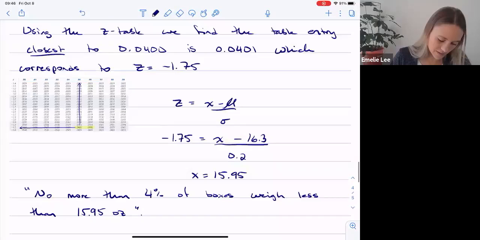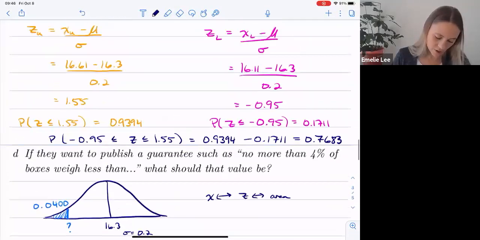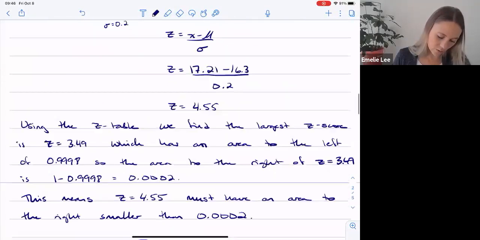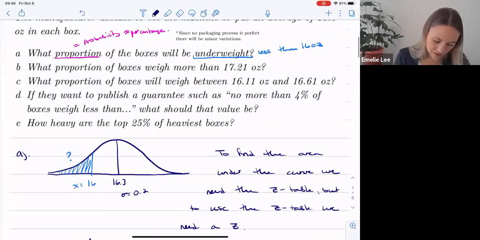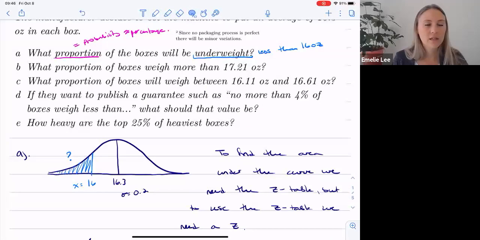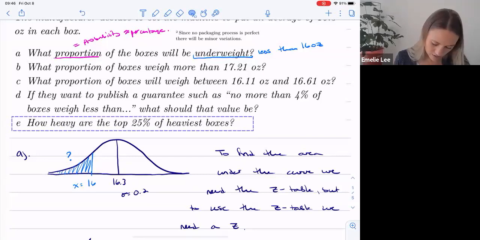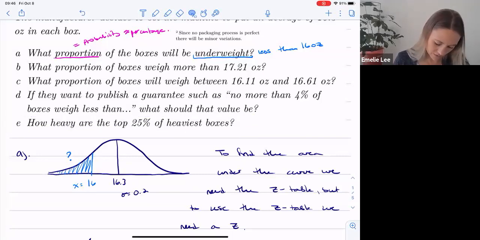So the last question, I think we want to know, how much do the heaviest 25% of boxes weigh?